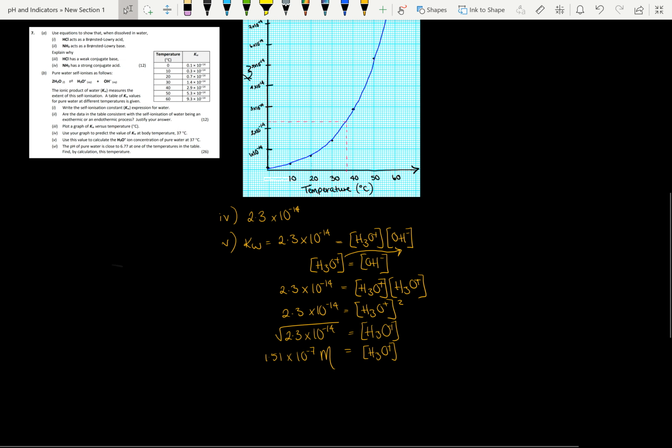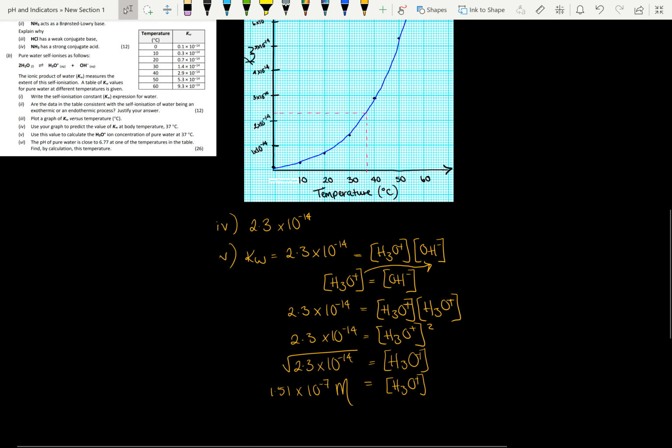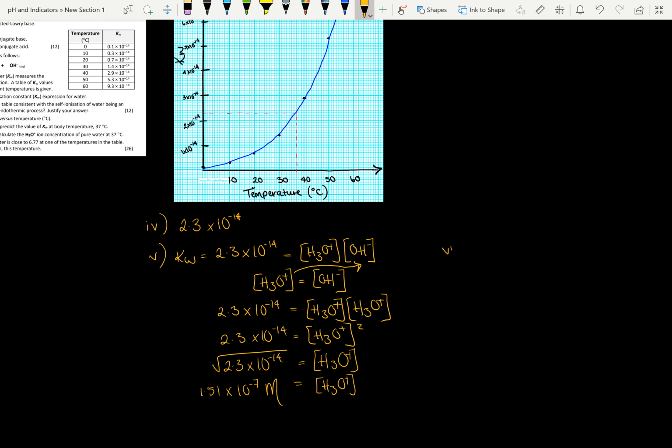Now, the final part is: the pH of pure water is close to 6.77 at one of the temperatures in the table. Find by calculation this temperature. So we're going to have to calculate a Kw and figure out which one it corresponds to on the table. We're told that pH is equal to 6.77.